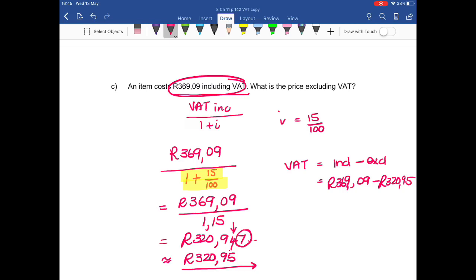So that's 369.09 minus 320.95, and the total is 48 Rand and 12 cents. So the VAT is 48 Rand and 12 cents.